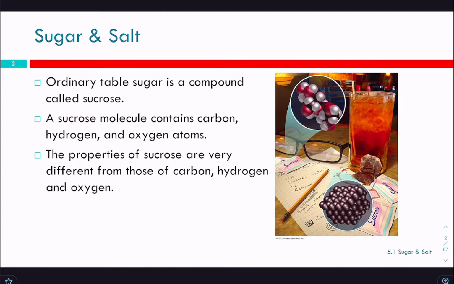We're surrounded by molecules. One of those molecules, though, is table sugar, which is a molecule called sucrose. It's delicious. A sucrose molecule contains carbon, hydrogen, and oxygen atoms. But the properties of sucrose, the molecule, are very different from those of carbon, hydrogen, and oxygen. Right?